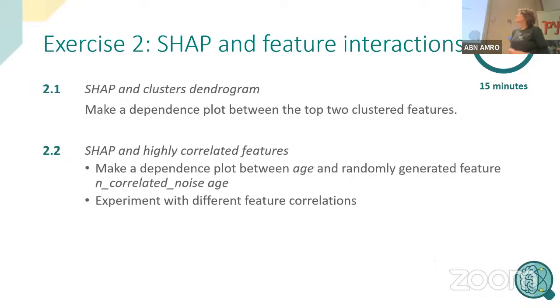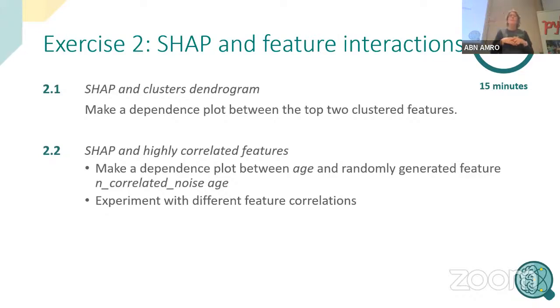In the second exercise, you will also work with SHAP again, but with more focus on feature interactions. In the first part, you are going to use a dependence plot, another way of visualizing SHAP results, and also use a dendrogram to make a plot of the top two clustered features. Maybe you say that's vague, but if you read the exercise, I think you will manage.